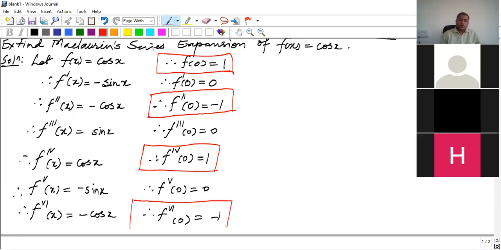The values are easy to calculate, but we need to understand how many values we have to calculate. That's what we got here: this is non-zero, this is non-zero, this is non-zero, and this is non-zero.